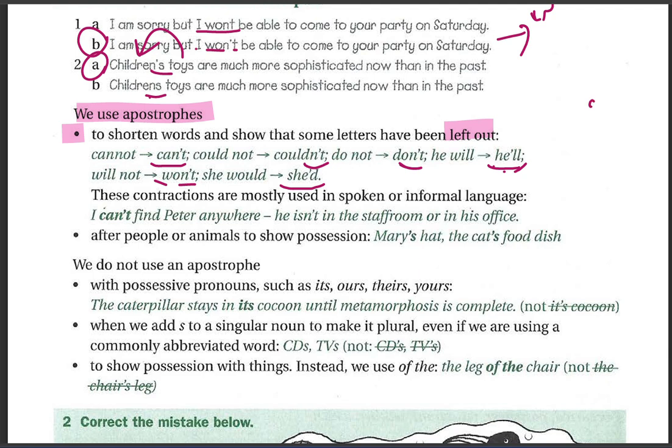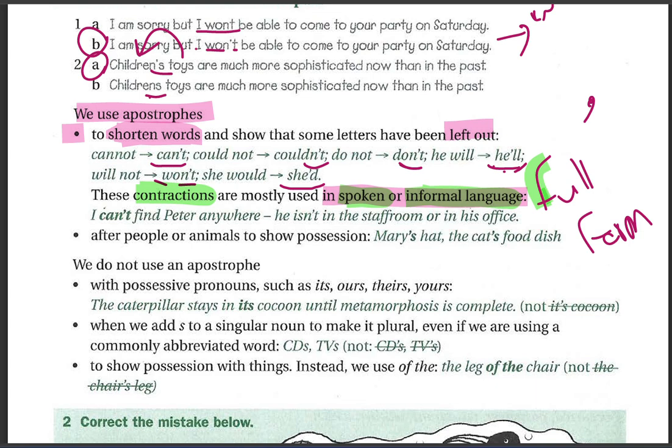So you can use an apostrophe when you want to contract something, to shorten the words. These contractions are mostly used in spoken or informal language. So as you know, when it comes to IELTS essays or writings, you should use the full form of the words. The contraction is mostly used in spoken or informal English.